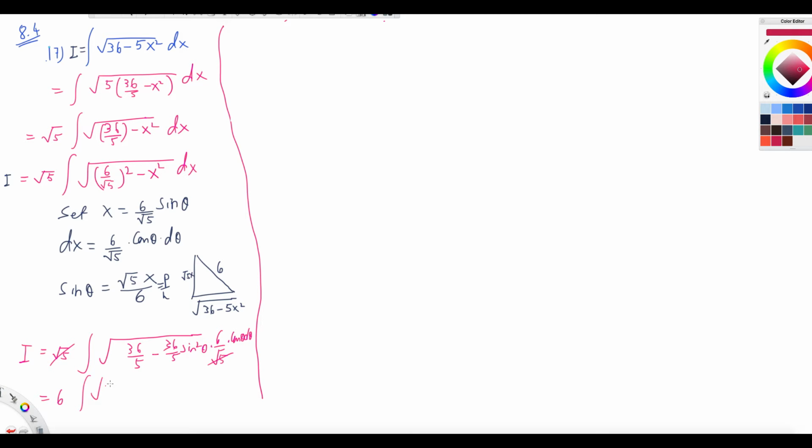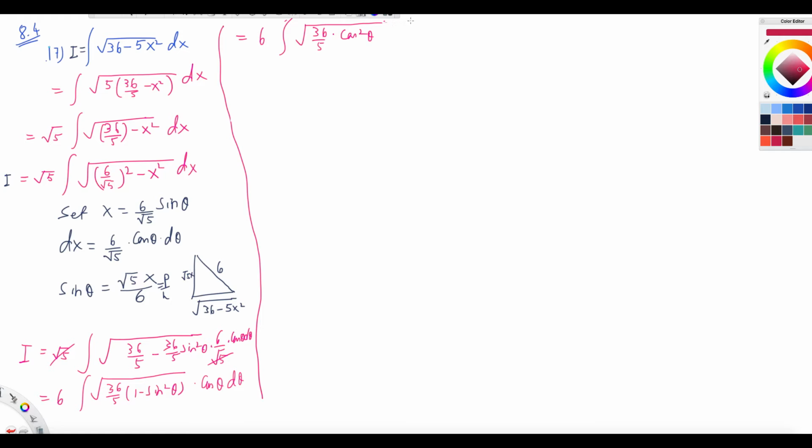So you got equals 6 times the integral. Let's take 36 over 5 out, 1 minus sine squared theta, and then times cosine theta d theta. That is equals 6 times the integral of the square root of 36 over 5 times cosine squared theta, and outside the root there is cosine theta d theta.